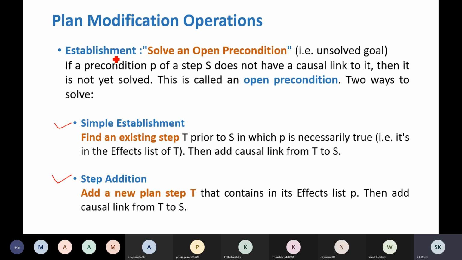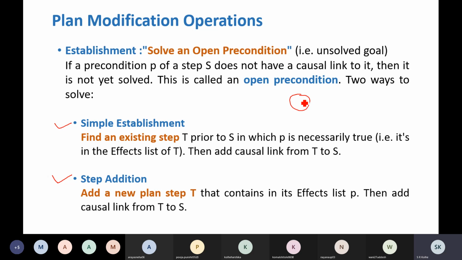Now what is establishment? Establishment is to solve the open precondition, that is, the unsolved goal. That is, if precondition P of step S does not have a causal link to it, then it is not yet solved. This is called an open precondition.